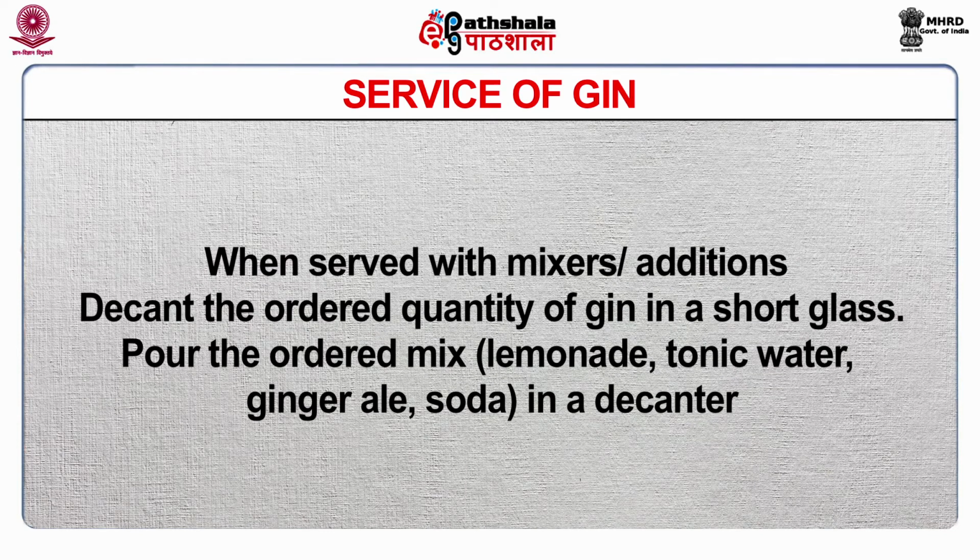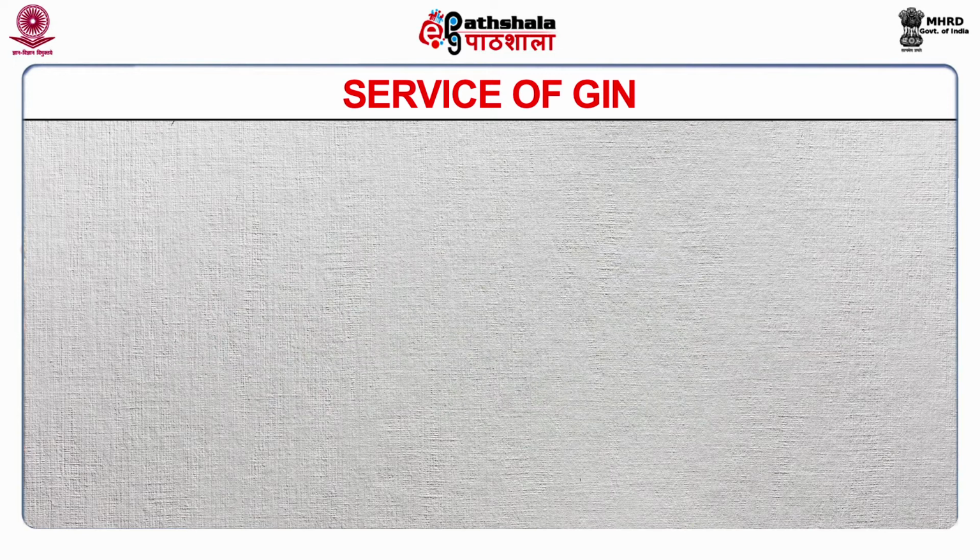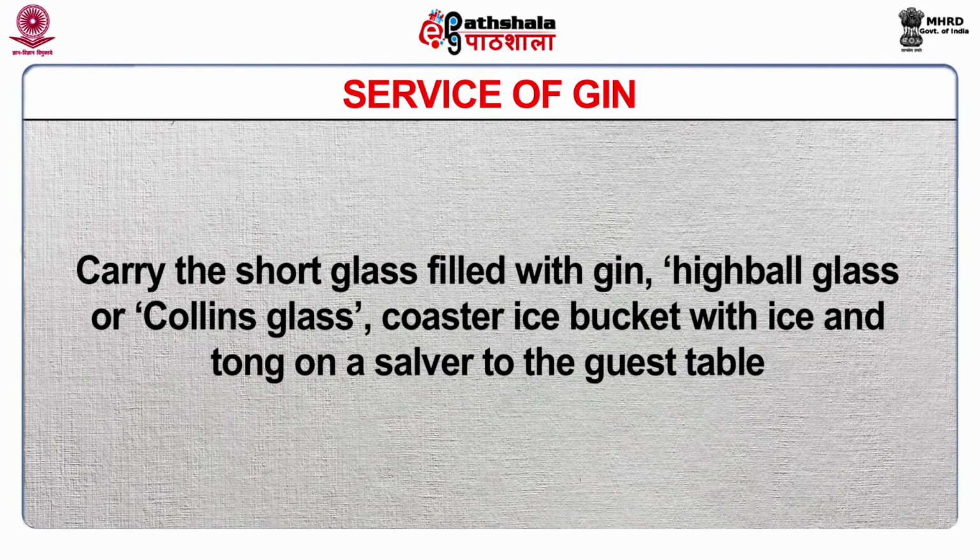When served with mixers or additions, decant the ordered quantity of gin in a shot glass. Then pour the ordered mixer like lemonade, tonic water, ginger ale, or soda in a decanter. Then carry the shot glass filled with gin, a highball glass or Collins glass, coaster, and ice bucket with ice and tongs on a salver to the guest table.